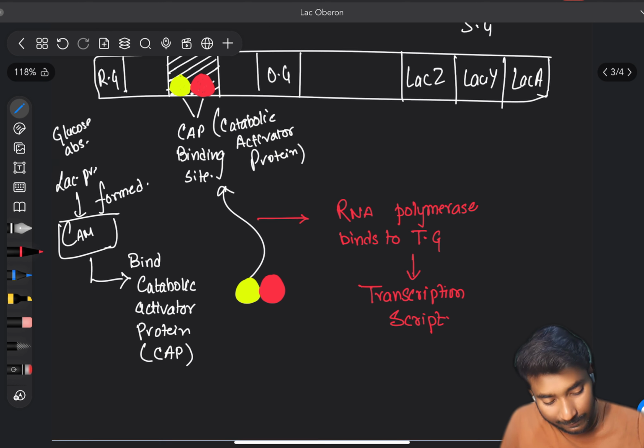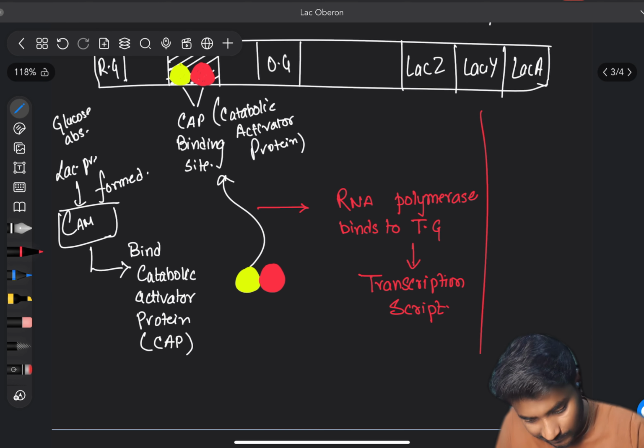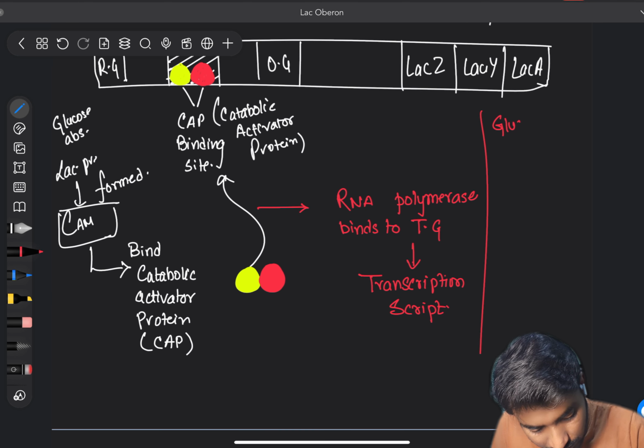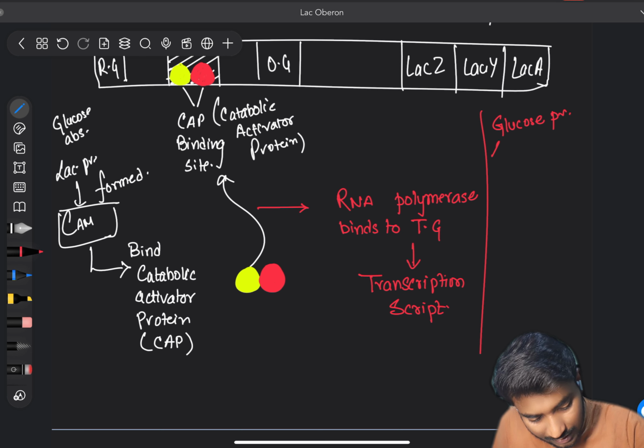Okay, now here glucose present, lactose absent.